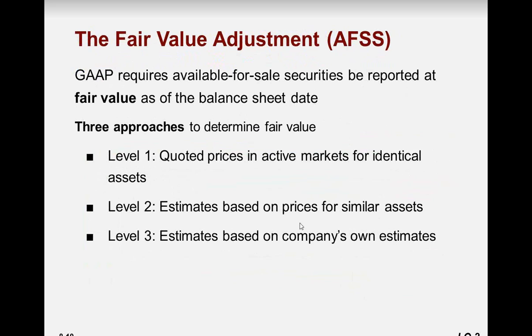We have estimates based on prices for similar assets. If it's not something that we can find identical, then we need to base it on a fair market value of another similar stock. And we base it on the company's own estimates as well. If we know we have an investment that has decreased in value, then we can reduce that.